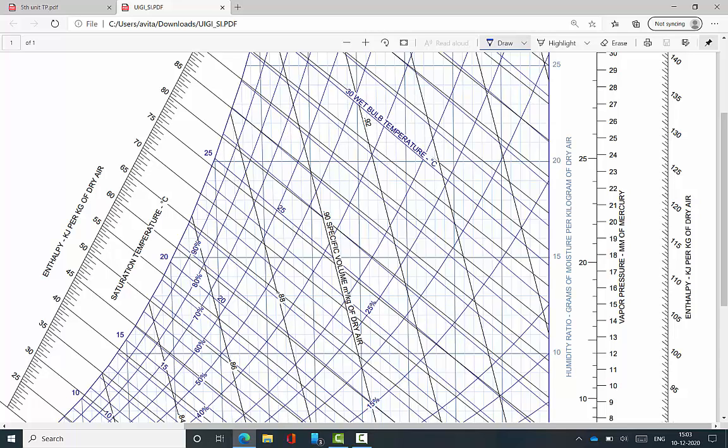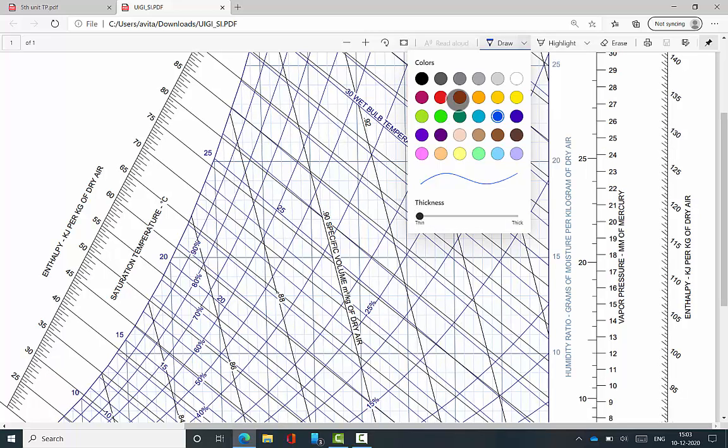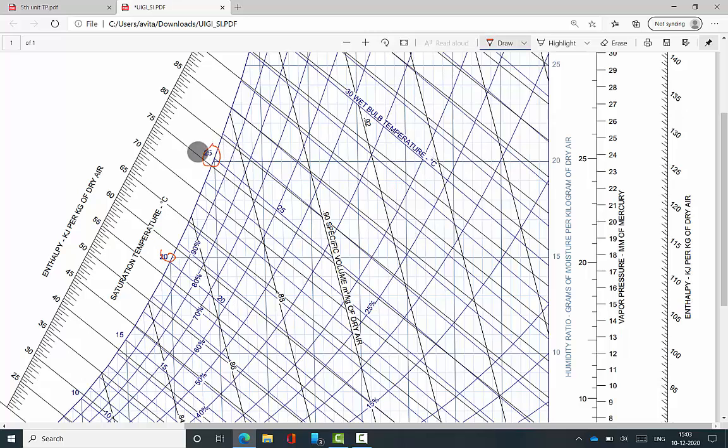If you have a point in between two lines in the chart, they have mentioned different values. For example, for wet bulb temperature they are giving 20 and 25, but I need wet bulb temperature 22.